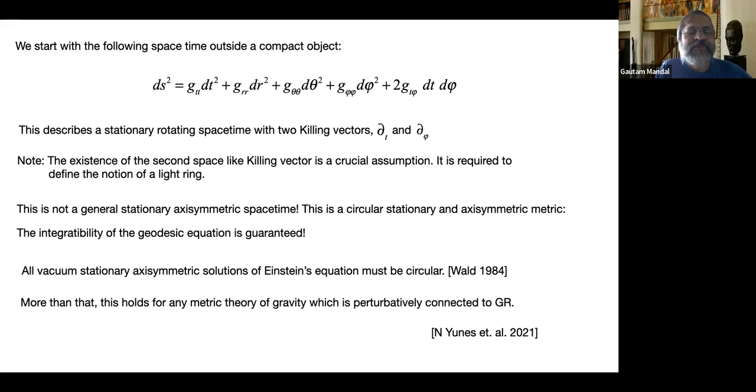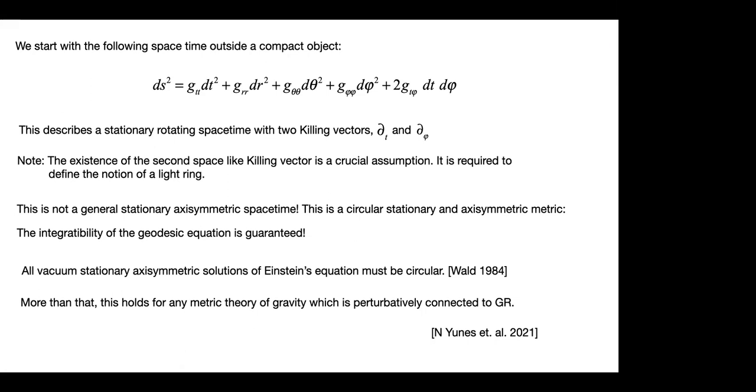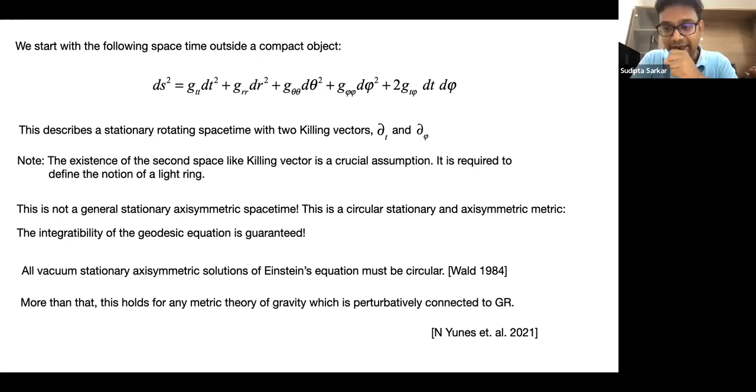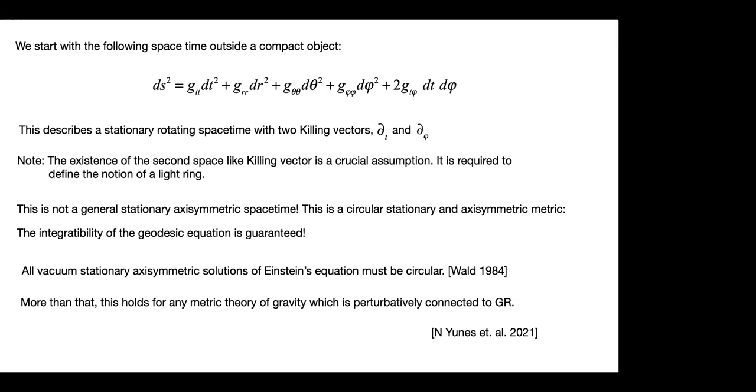Okay. Thank you. So is there any way of seeing such order alpha deviations from what is being seen? You mean the order alpha deviation of general relativity? No, I mean, in whatever you're seeing in the data, is there any way of discerning whether there are any order alpha deviations from general relativity?